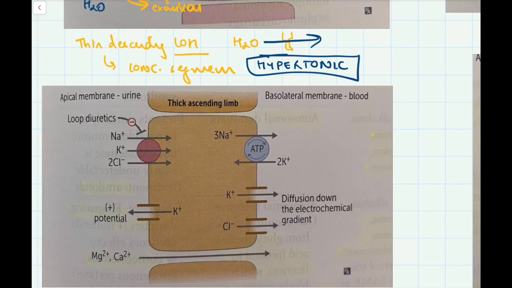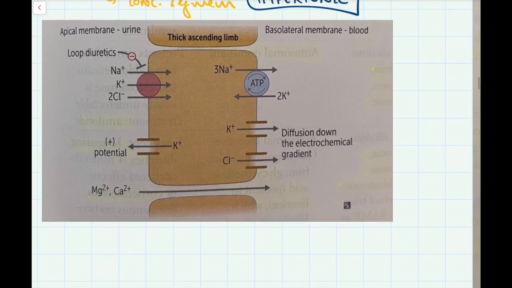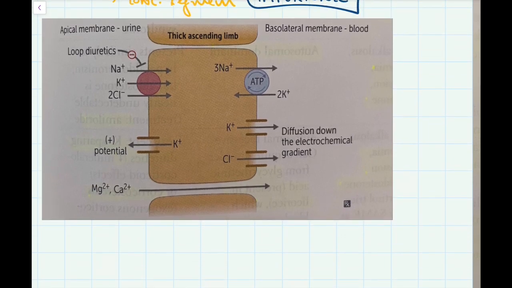The next would be the thick ascending loop. Here there is reabsorption of sodium, potassium and chloride due to the presence of the sodium potassium 2 chloride pump, right? And it also causes the paracellular reabsorption of magnesium and calcium, right?